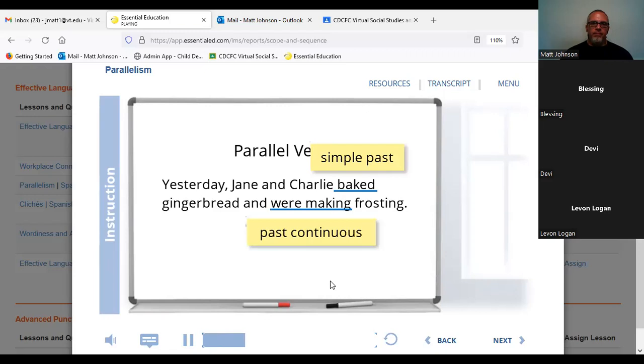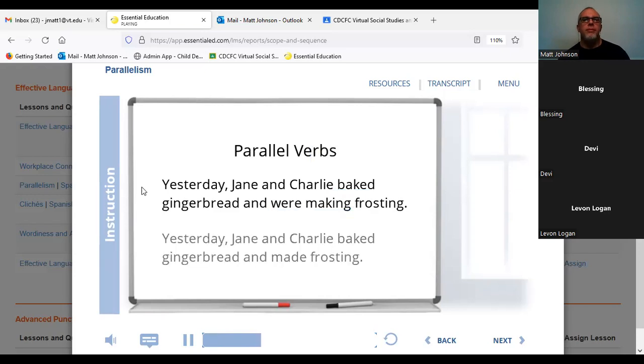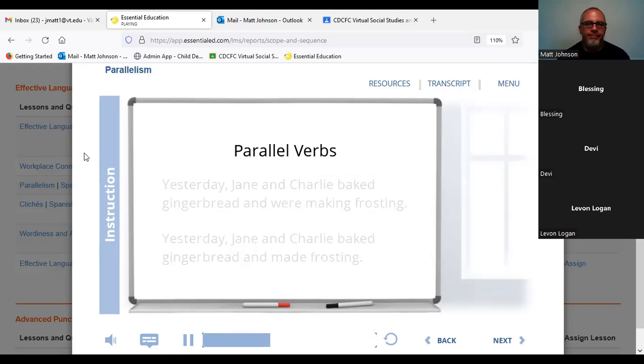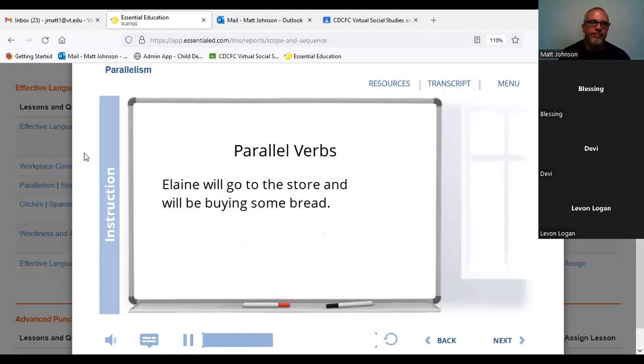Unless you've got a good reason and you're trying to show a difference in time, the verb tenses in the sentence should match. This sentence would be better with only simple past tense verbs. Yesterday, Jane and Charlie baked gingerbread and made frosting. Here's another example. Elaine will go to the store and will be buying some bread.